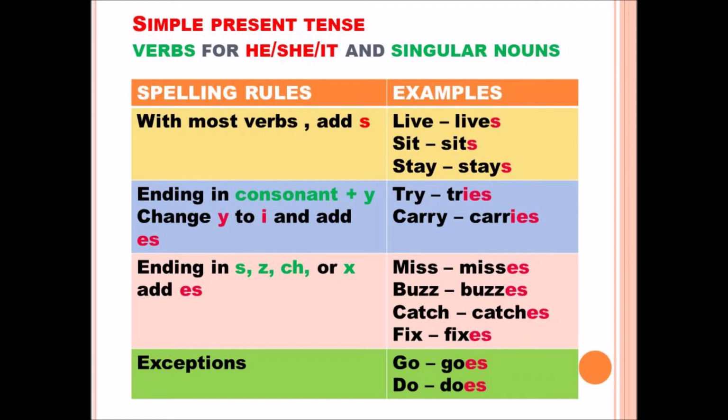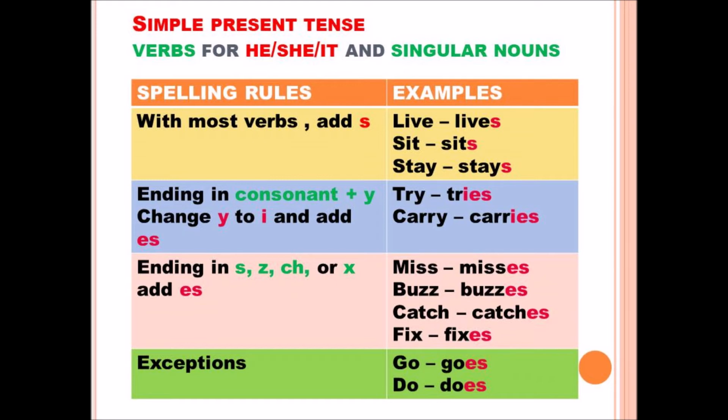Ending in S, Z, CH or X. If the verb ends with S, Z, CH or X, we must add ES with that. Look at the example. Miss, misses. It ends with S, so we have added ES.